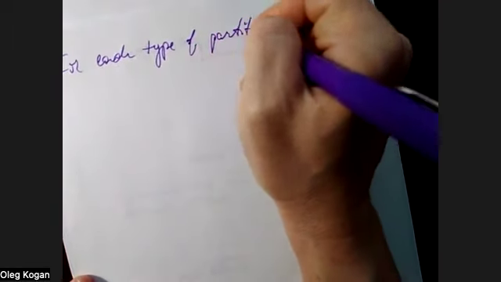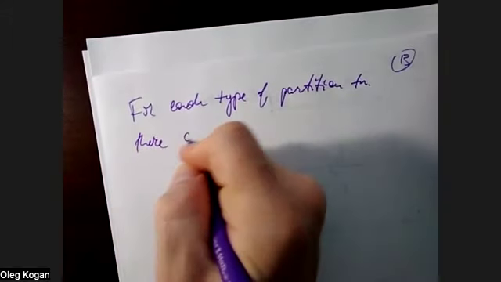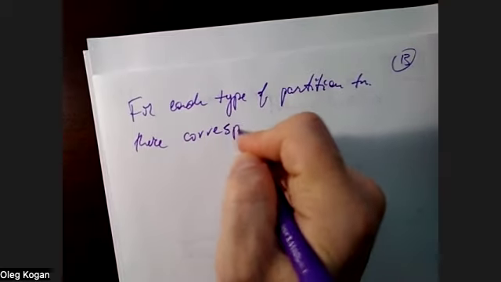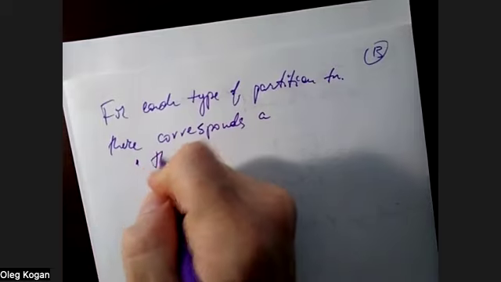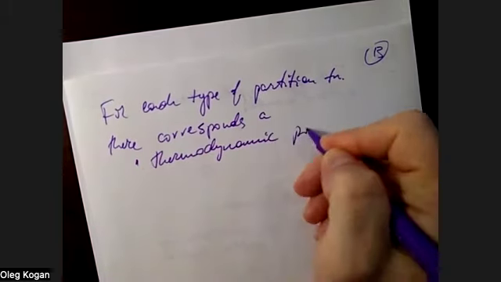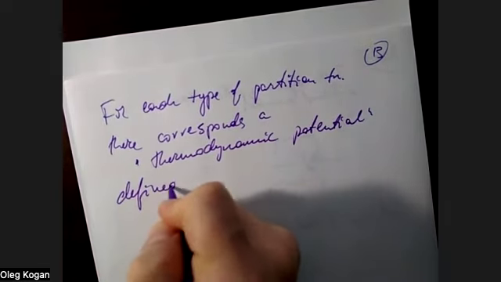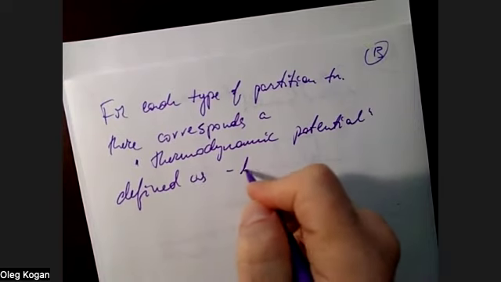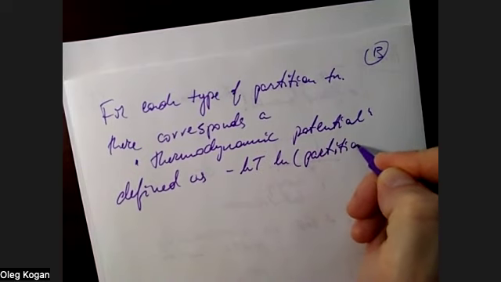For each type of partition function, there corresponds something called a thermodynamic potential, defined as minus kT times log of the partition function.